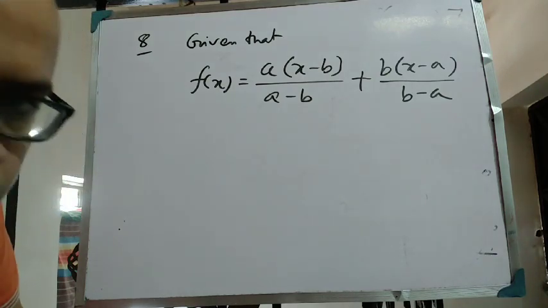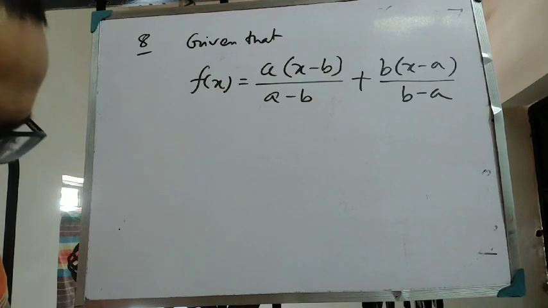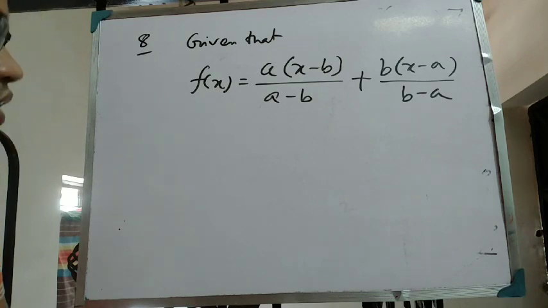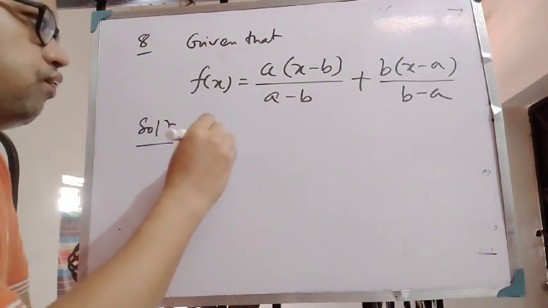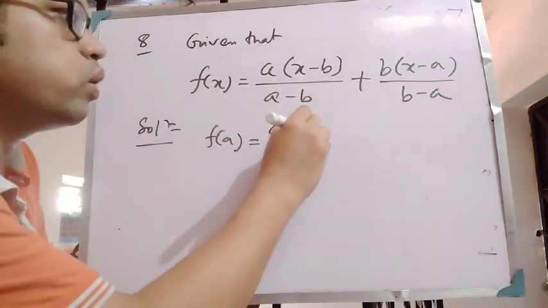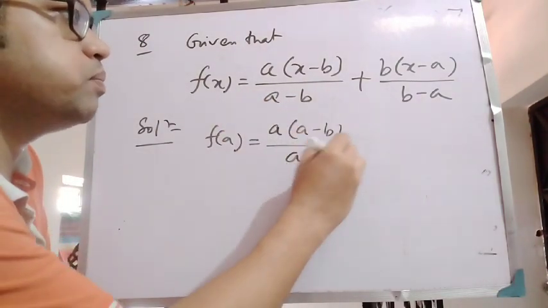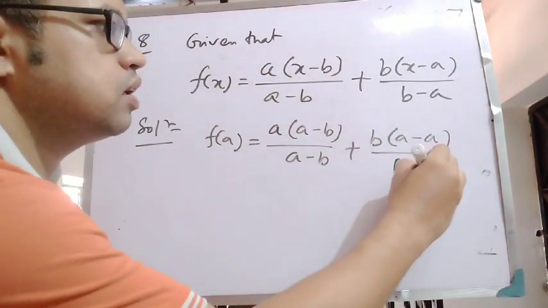Remember that this problem does not depend on the factor theorem and remainder theorem. Just substitute the value of x by first a, next b, and lastly a plus b. So the solution: f(a) equals a into (a minus b) by (a minus b) plus b into (a minus a) by (b minus a).